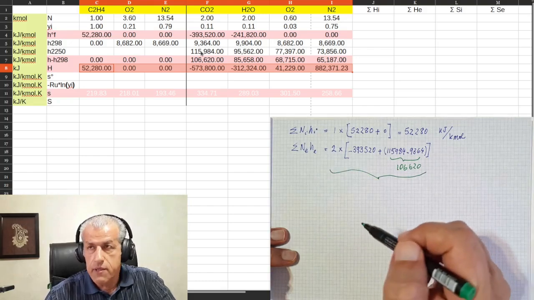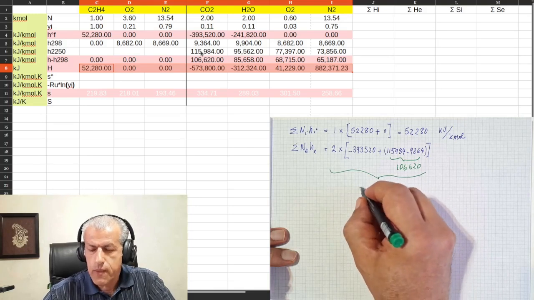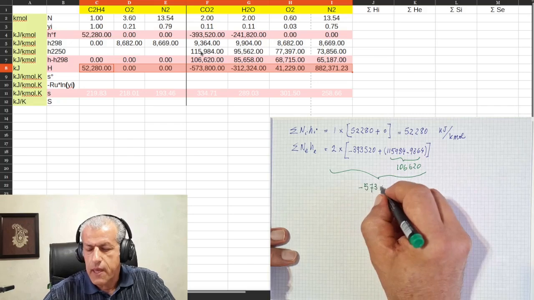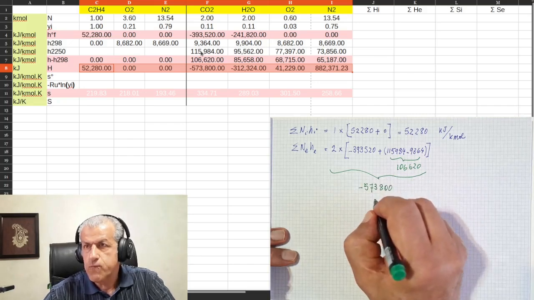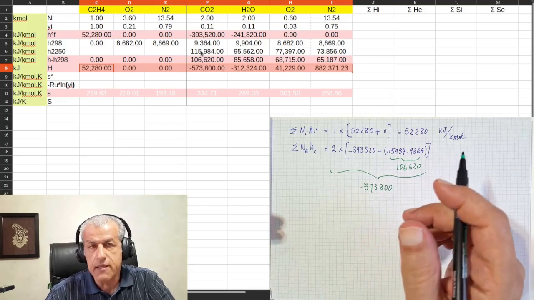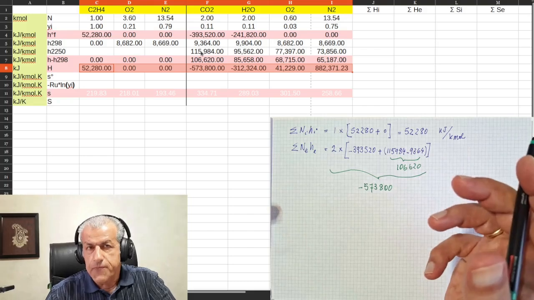The sum of all this together would be minus 573,800. Okay, so this is how we calculate the enthalpy of CO2 in the mixture.